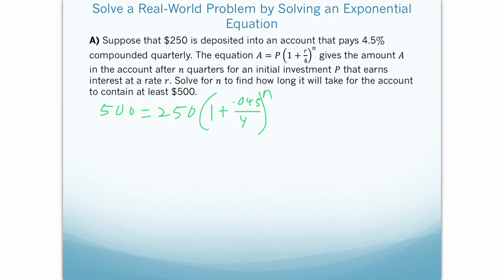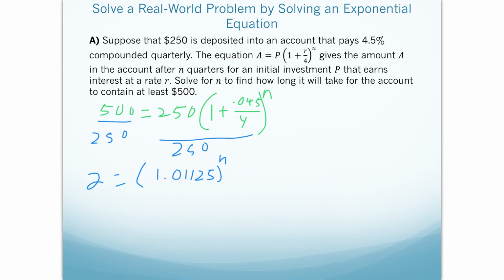First thing we want to do is get rid of the 250 outside. So 2 equals, and now I'm going to simplify what's inside the parentheses, and it'll be 1.01125. And now I can take either log or the natural log of both sides, doesn't matter which one.